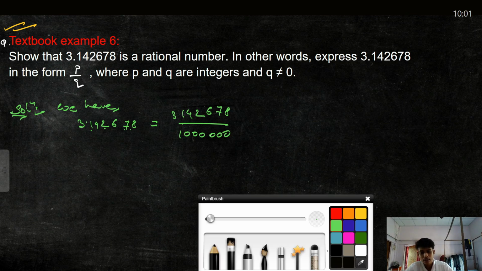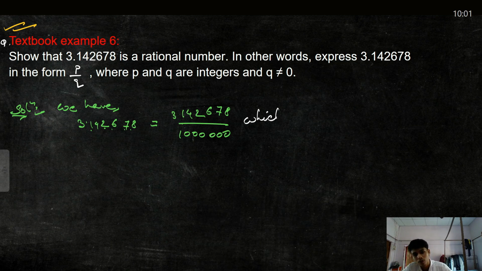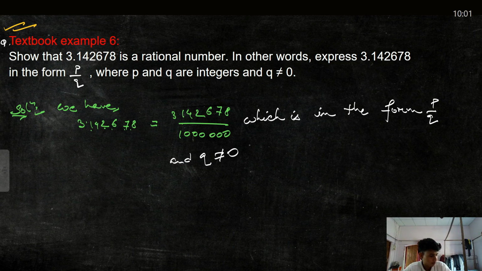Now since this is in the form p by q, and q is not equal to 0, hence 3.142678 is rational.